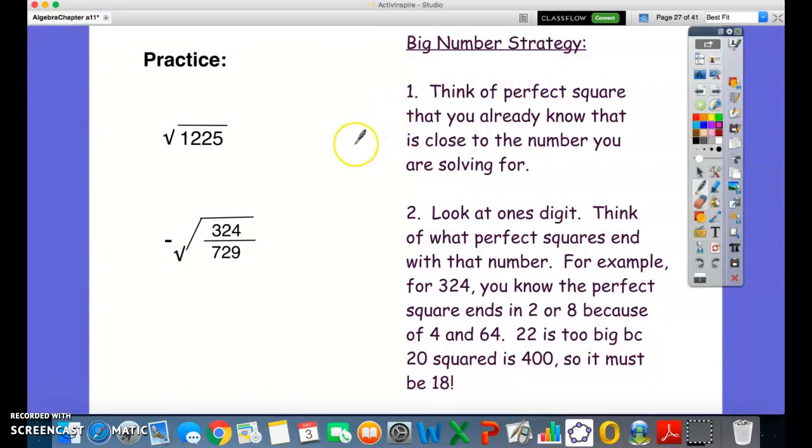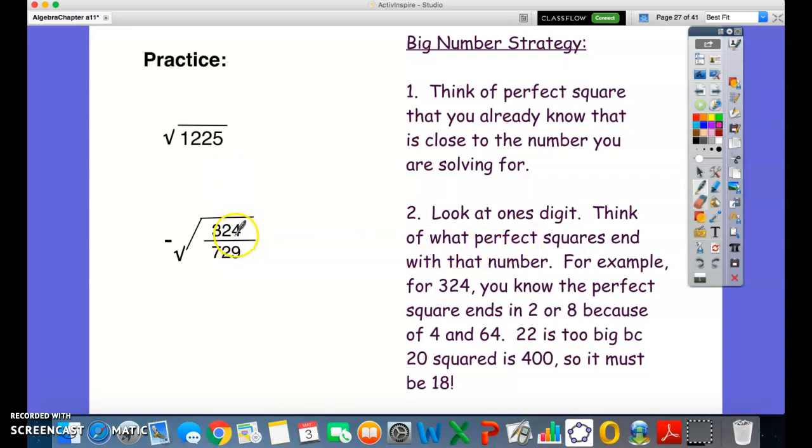Now, another strategy is to think of the perfect square that you already know that is closest to the number. If you know 30 squared is 900, then it's more than 900. And because of the number trick, you can figure out this one. And the other thing is, look at the ones digit.